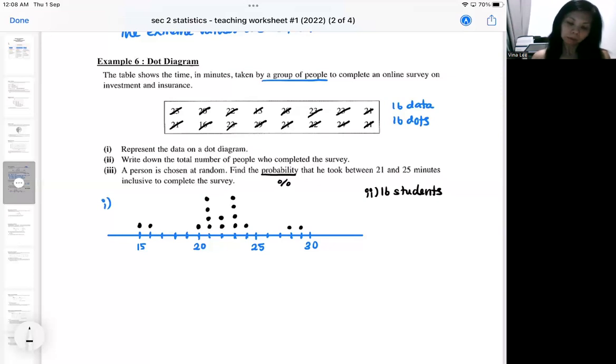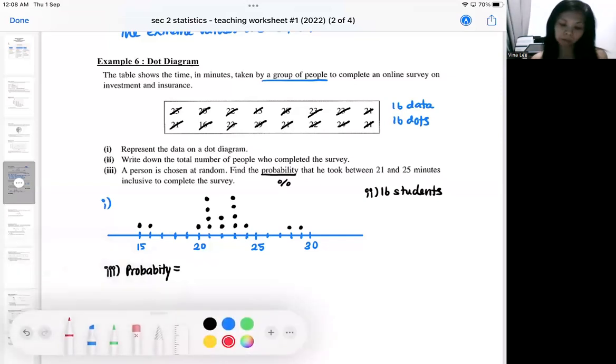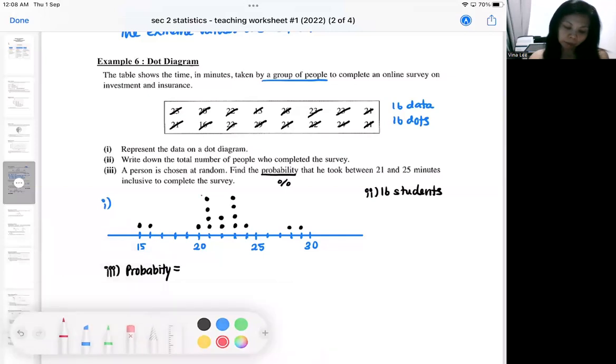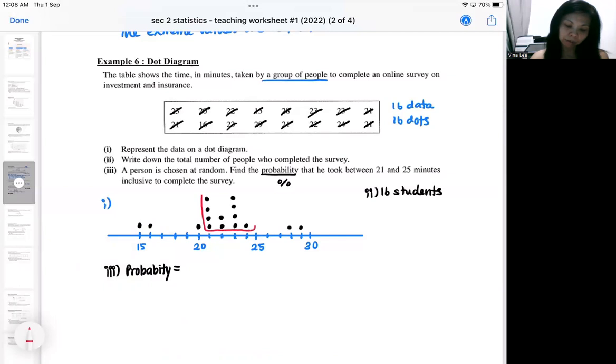If I'm doing it in terms of probability, I will be counting the number of students. So how many students between 21 to 25? So 21 is here all the way to 25.